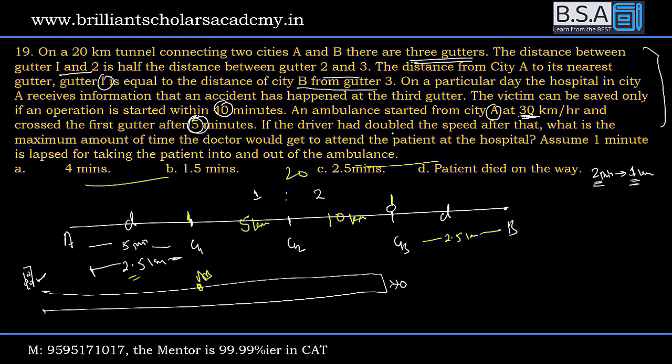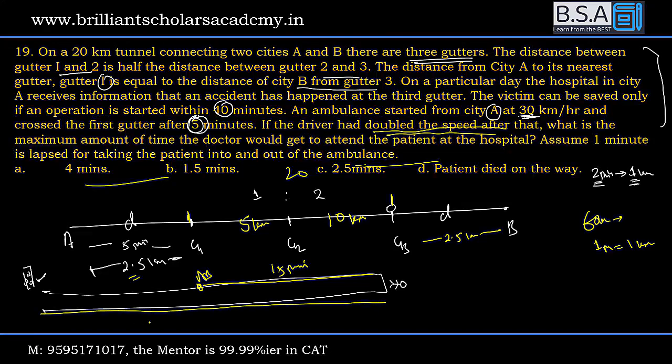The driver doubles the speed from here on. When the speed gets doubled to 60 kmph, it means 1 minute is equal to 1 kilometer. That means this has to go 15 kilometers forward, 15 minutes, and it has to go back 17.5 kilometers, means 17.5 minutes.